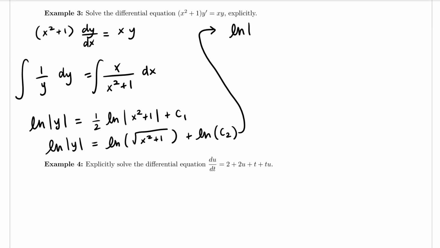So now we'll get the natural log of the absolute value of y equals, I'm going to combine those two natural logs on the right-hand side of our equation into the natural log of c2 times the square root of x squared plus 1.